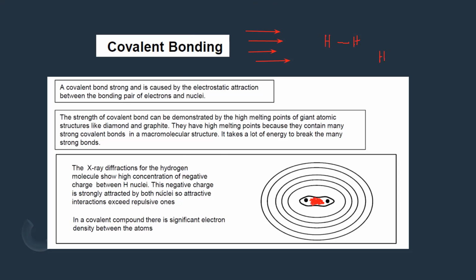And this charge is strongly attracted by both nuclei, so the attraction exceeds the repulsion. Because basically, when we compare the structure of hydrogen, hydrogen has one proton inside the nucleus and there is one electron.